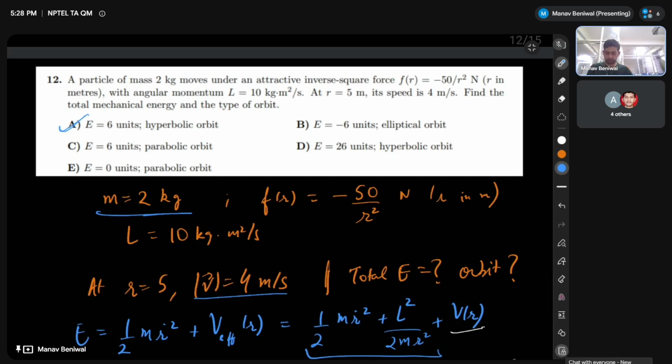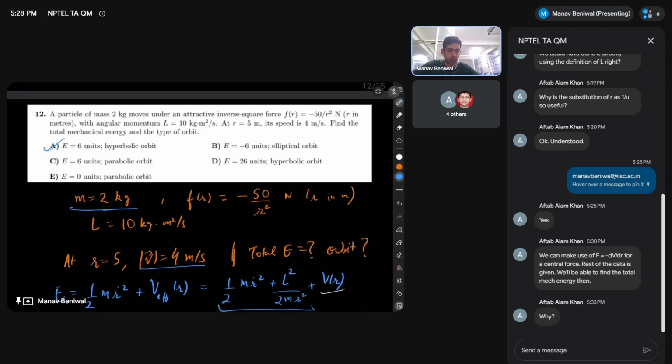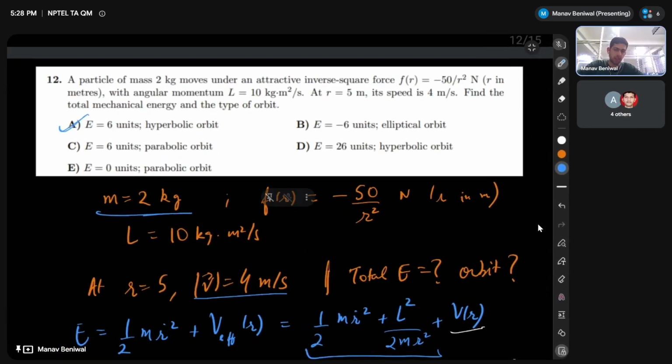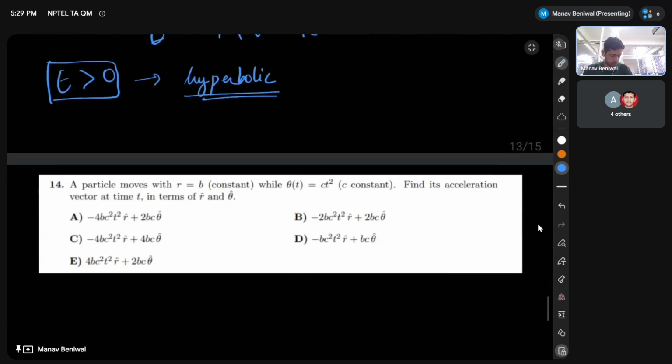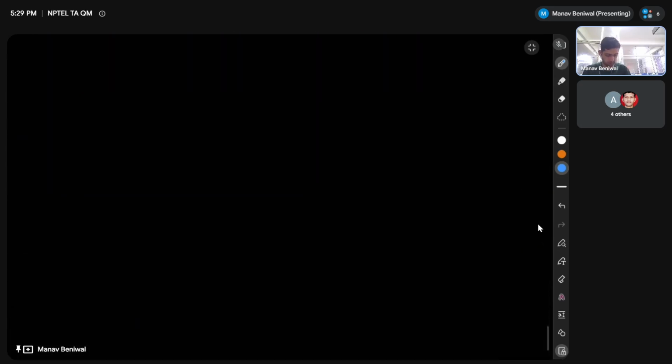Okay. So the question is why? Why does energy being greater than 0 mean that the orbit will be hyperbolic? Okay, I'll explain.